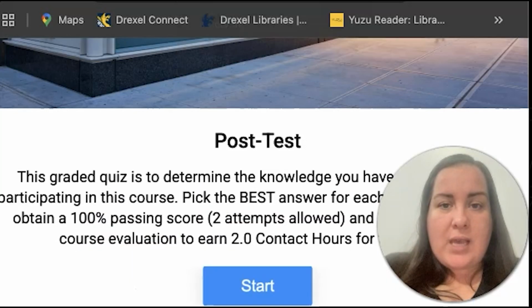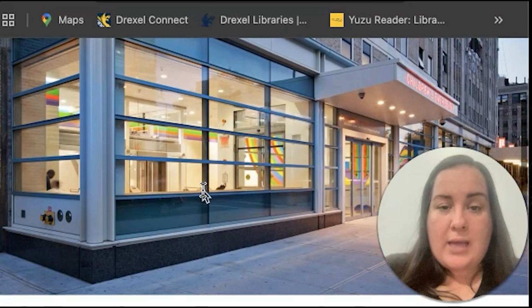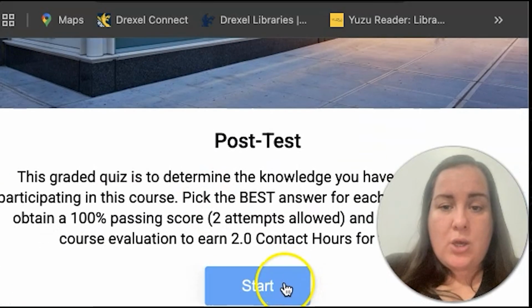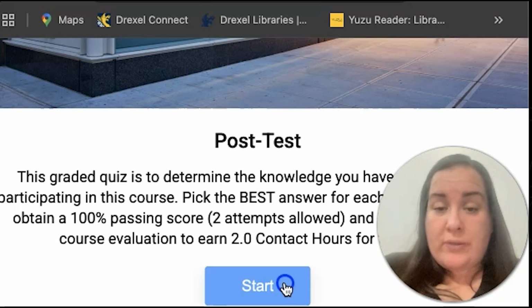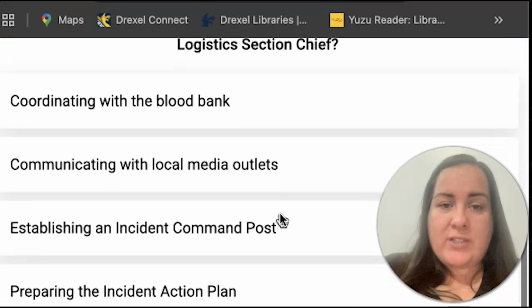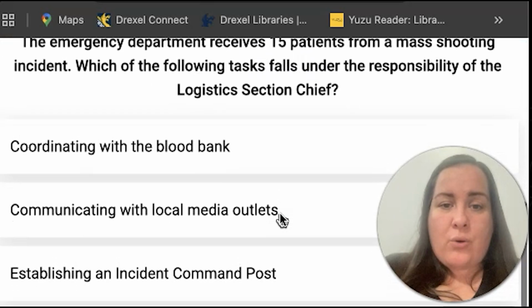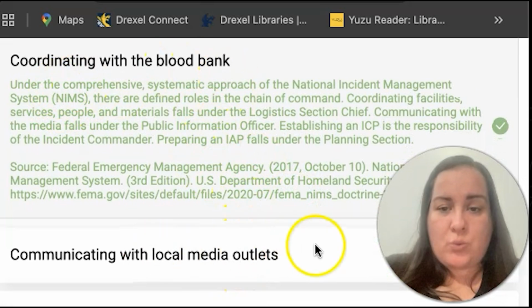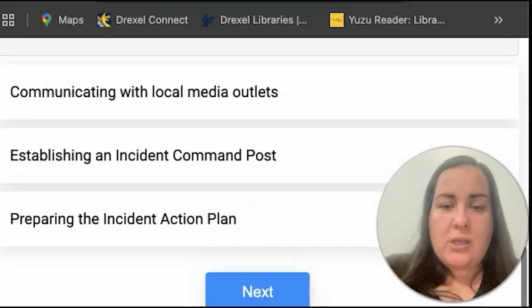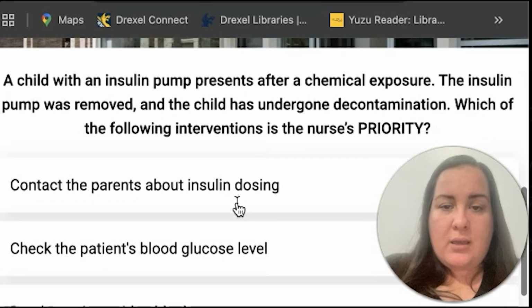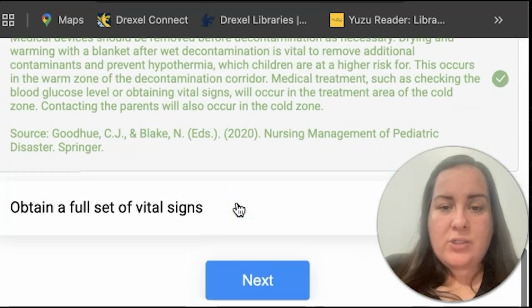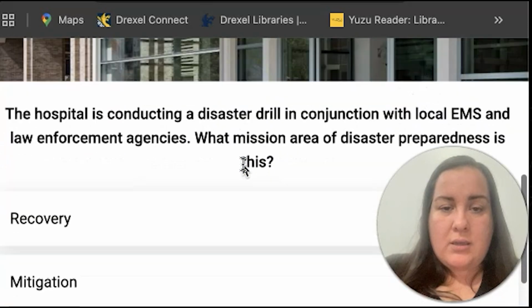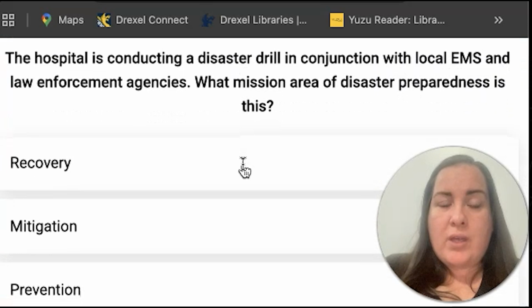I also, within this Google Classroom, had a post test, which is an interactive quizzing way for the learners to demonstrate their knowledge, that had some fun graphics for them, and then also had the explanations of why their answers were correct or incorrect, and ways that they could read further into the information. So once they connected all of the answers and got all of the answers correct, they would be able to demonstrate their mastery of the learning content.